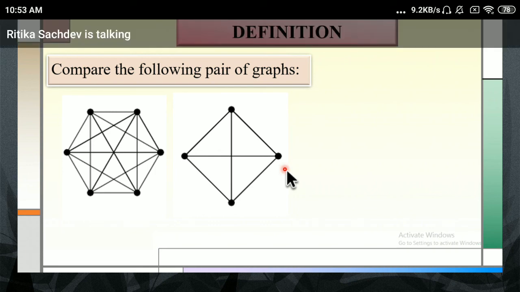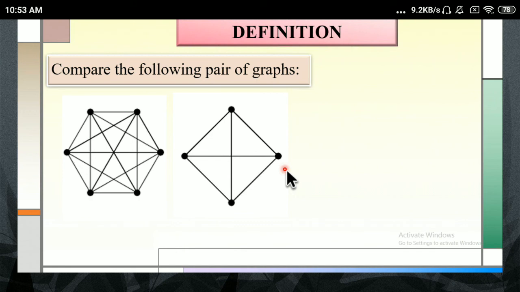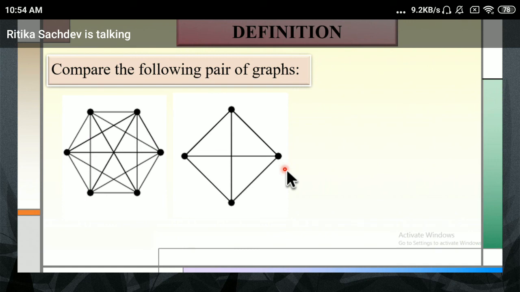Others? Okay, even one more person got the thing.